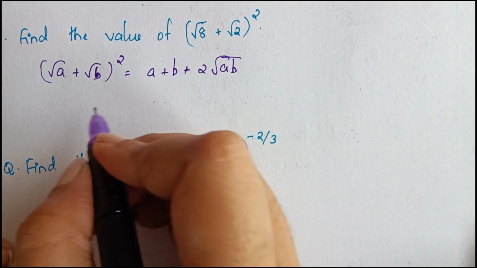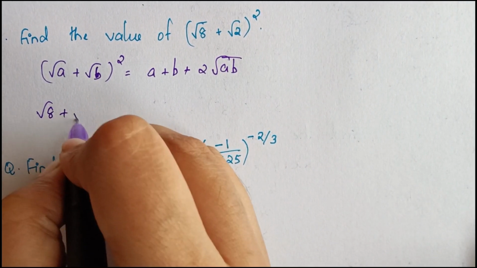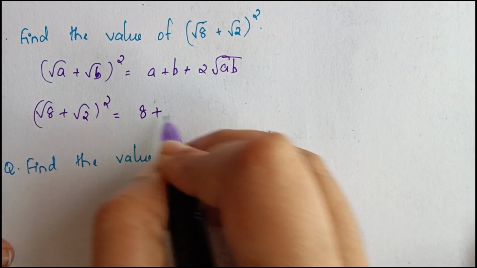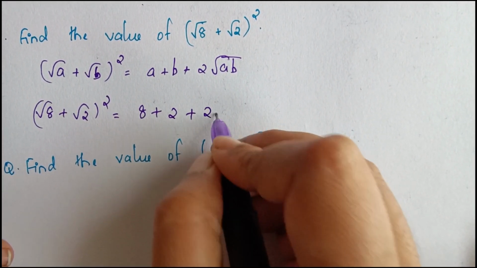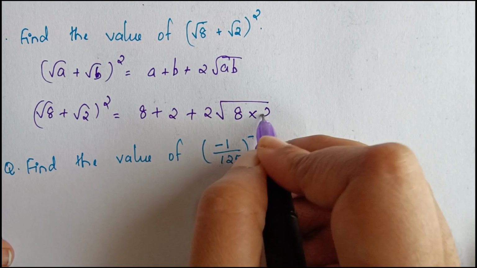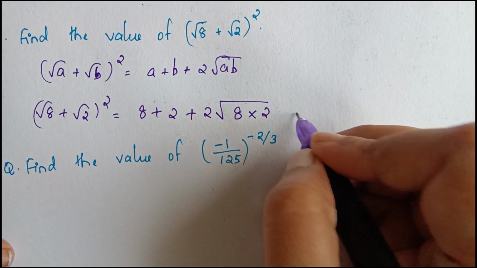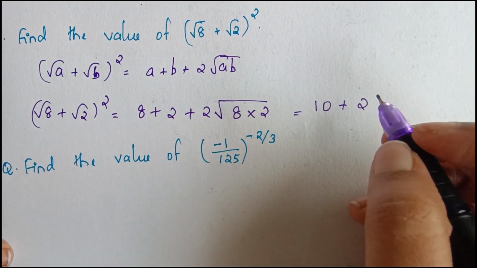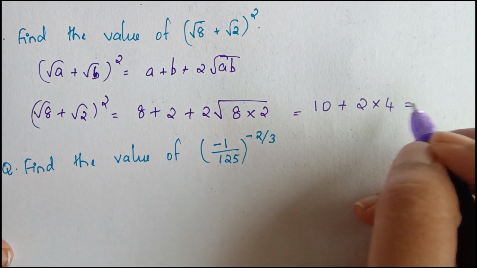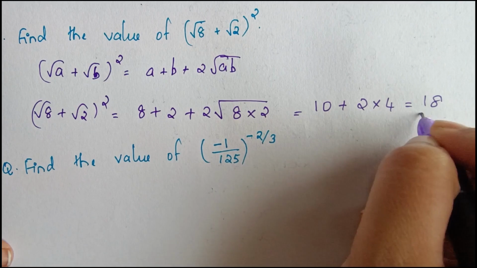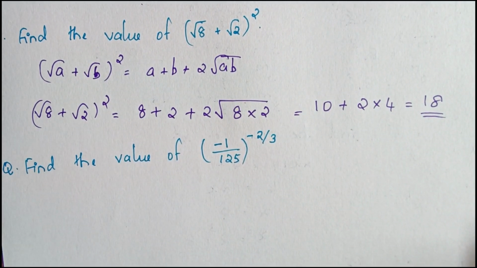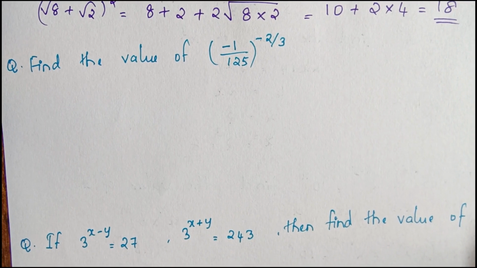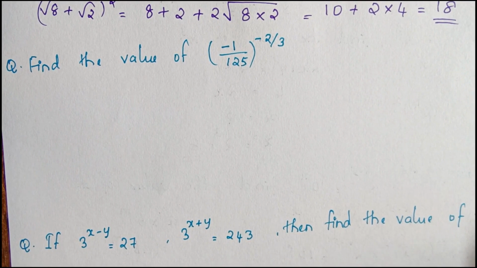So here root of 8 plus root of 2 the whole square is equal to 8 plus 2 plus 2 into root of 8 into 2, which is equal to 10 plus 2 into root of 16. Root of 16 is 4. So 10 plus 8 is 18. 18 is the answer. Next one, find the value of minus 1 by 125 the whole raised to minus 2 by 3.